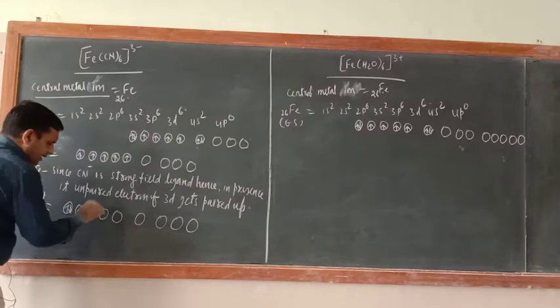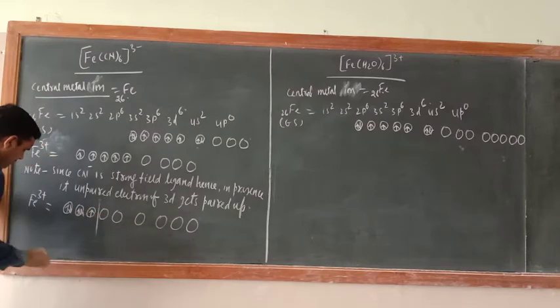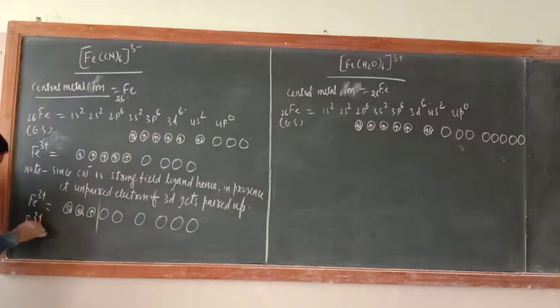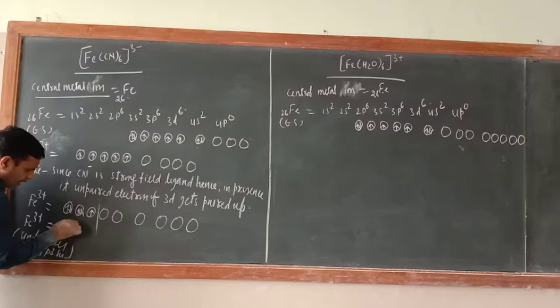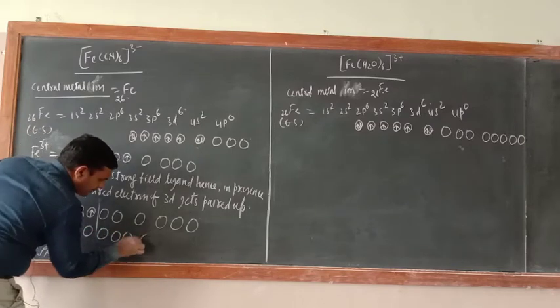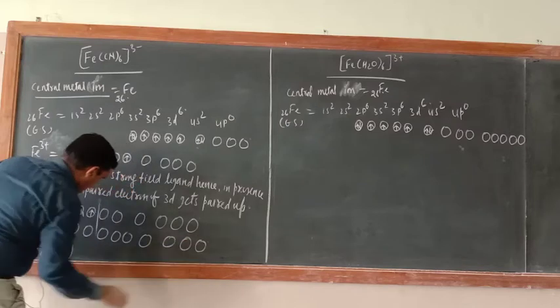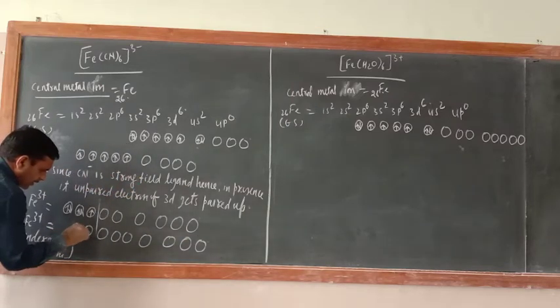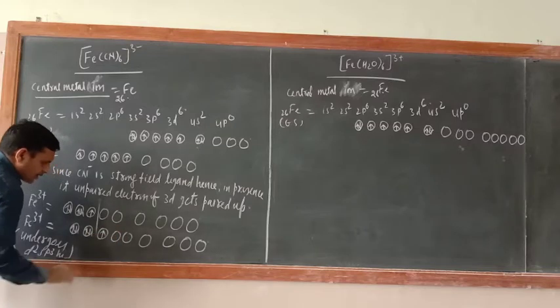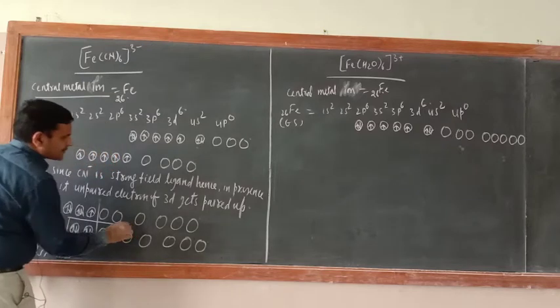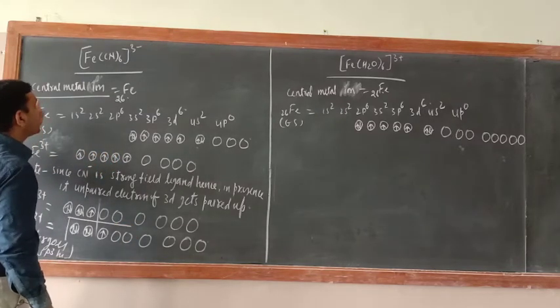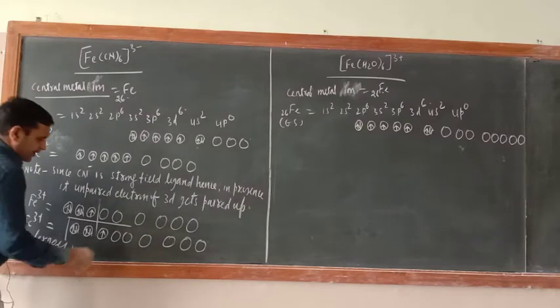Write down here: Fe3+ undergoes d2sp3 hybridization. Okay, so 1 2 3 4 5, 1 1 2 3. So now here what is there? D2sp3. What is the name? D2sp3.